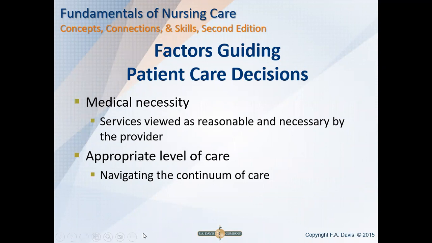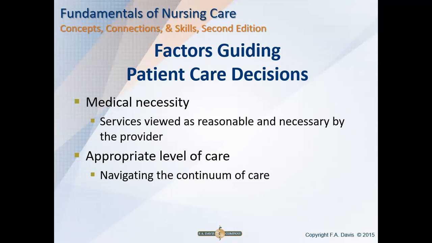So now, going to the factors guiding patient care decisions. One is medical necessity and appropriate level of care. So what are the factors guiding this, right? Patient-related factors, including the patient's socio-economic status, are very important, right?